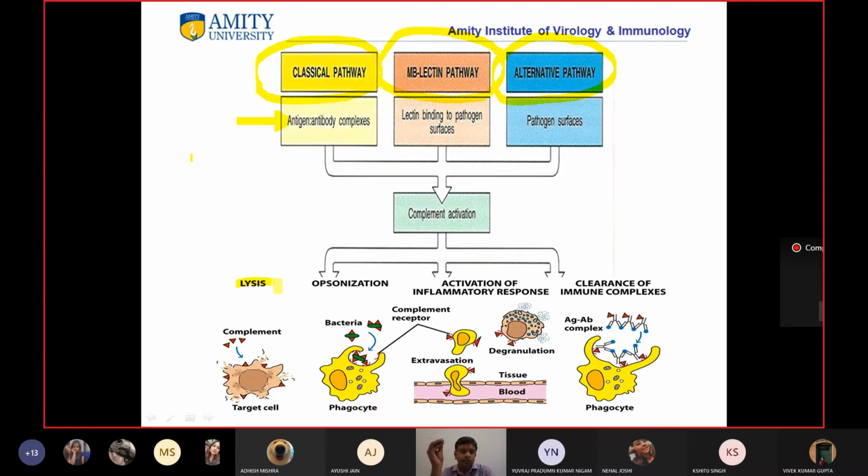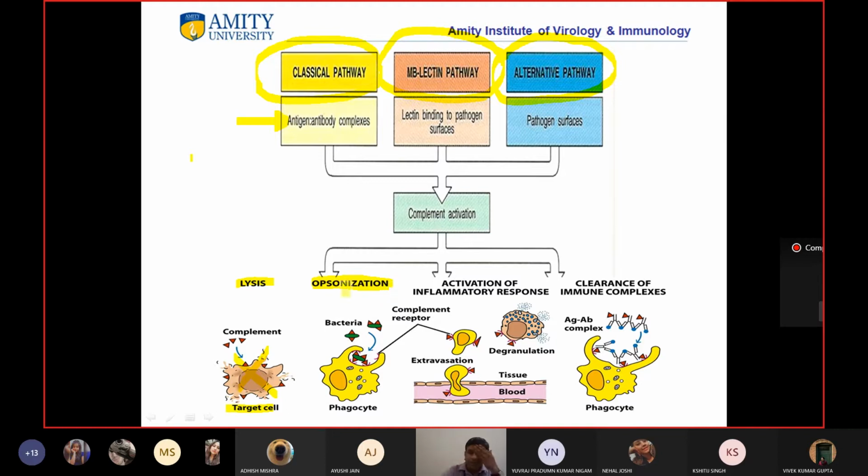So you can see the complement system will ultimately lyse the target cell and kill it. Another thing is opsonization. Another function of the complement system is opsonization, and I think I have discussed this term with you.